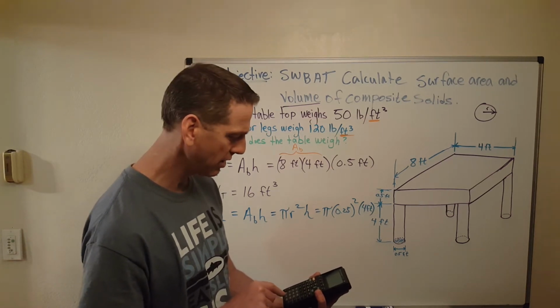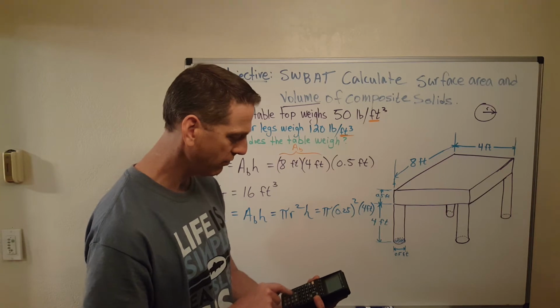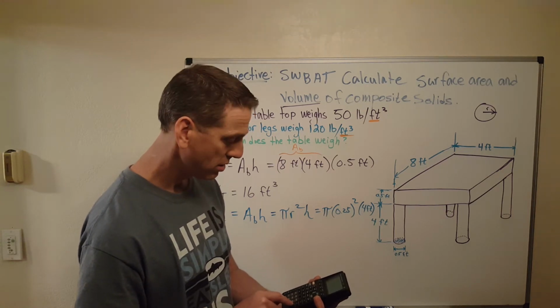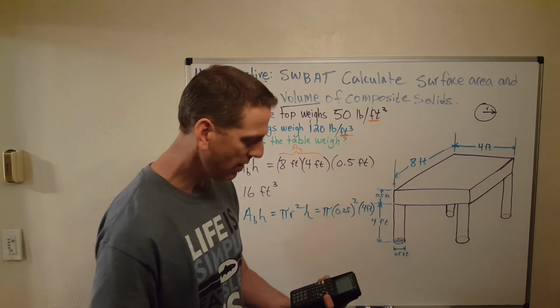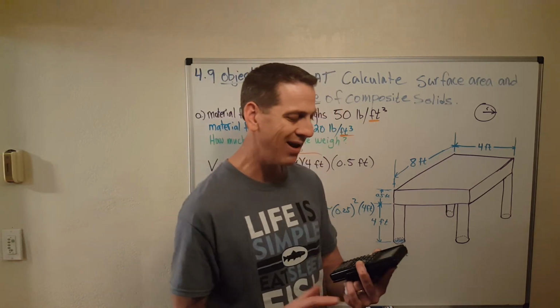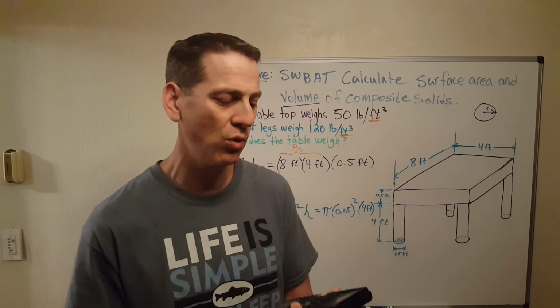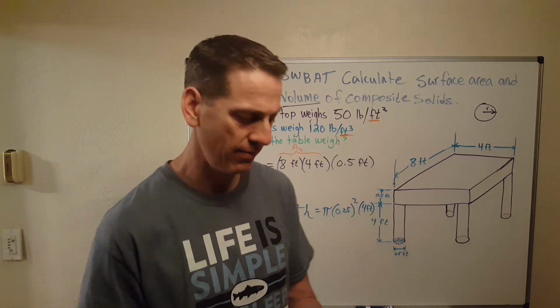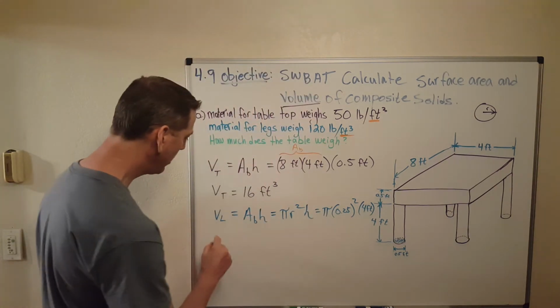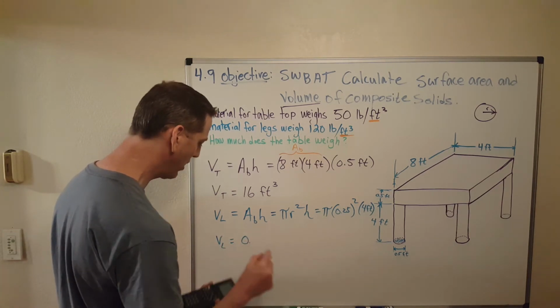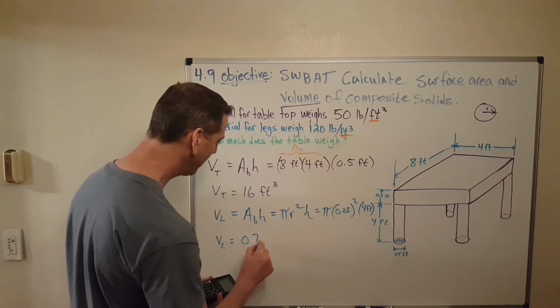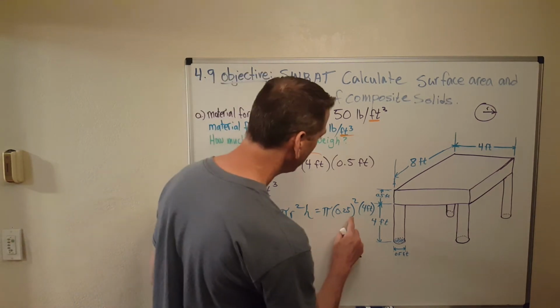I'm going to double check that: 0.25 squared times 4 pi. Yeah. So about, I'm going to round it to 2 decimals, 0.79. So the volume of my leg is 0.79, and that's in cubic feet.